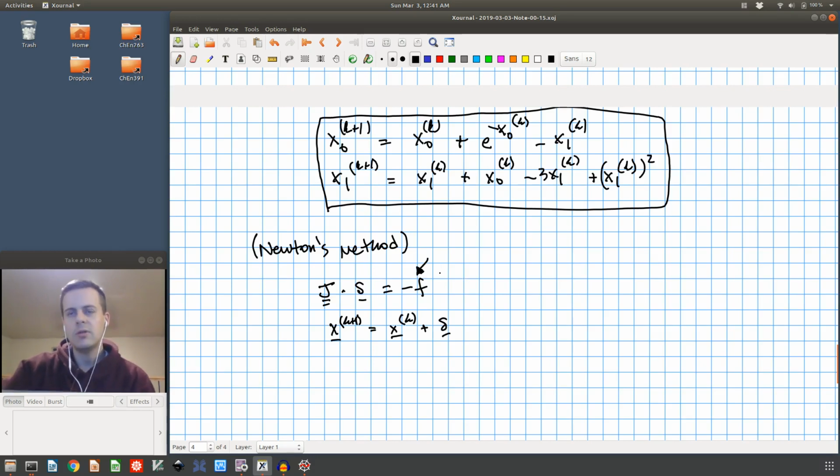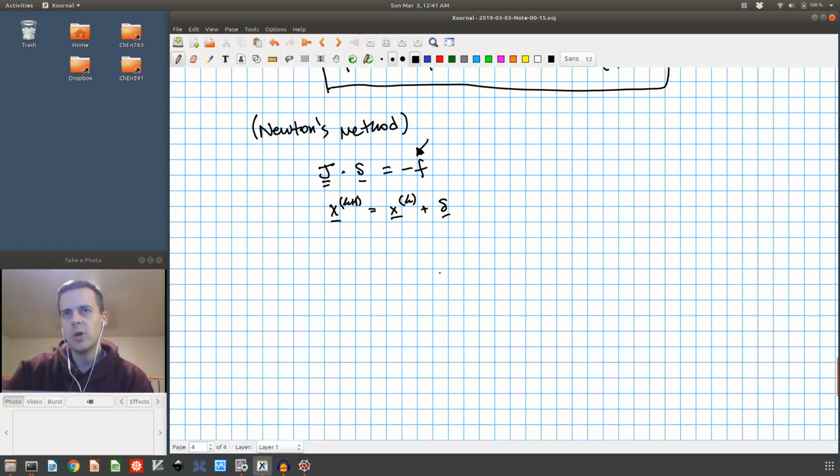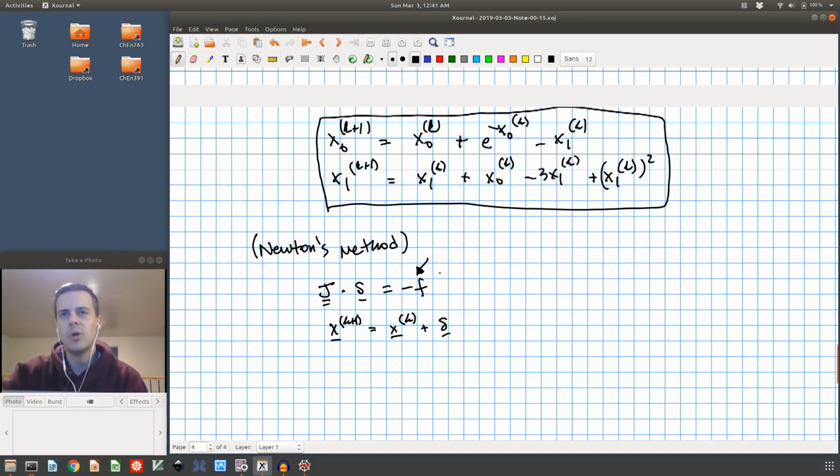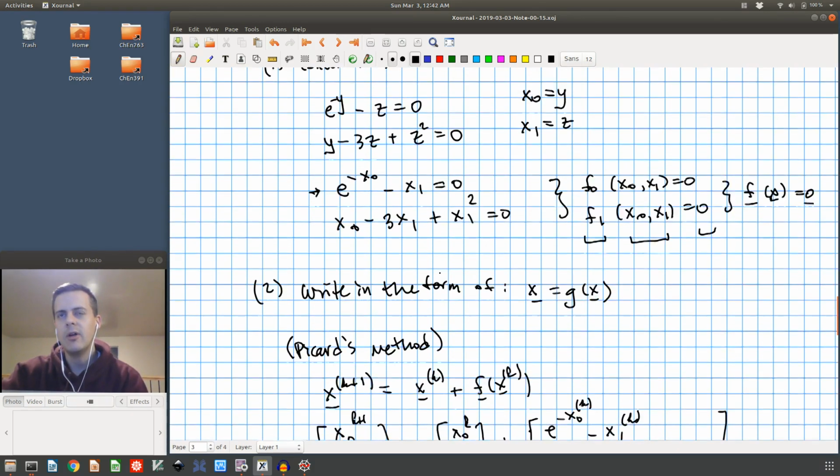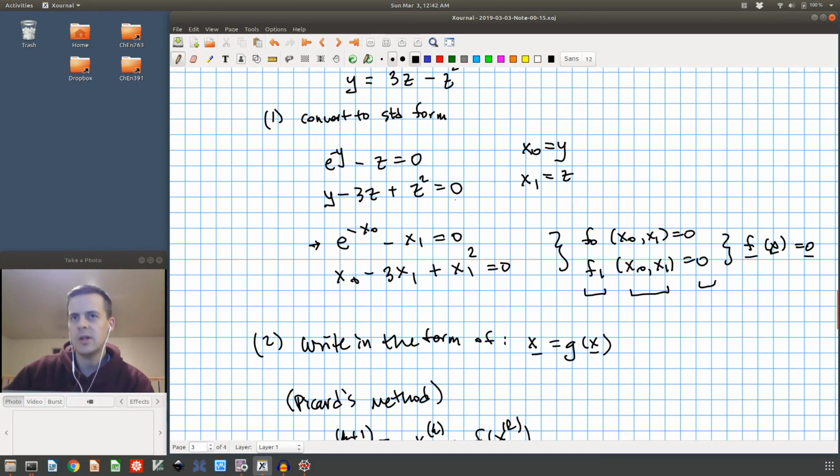So the hardest part about Newton's method, I guess there are two hard parts. Remember what I said before, the hard part is getting f, setting it up in the standard form. When you set it up in standard form, you have to pick x0, x1, etc. This choice of x0 and x1 is arbitrary.